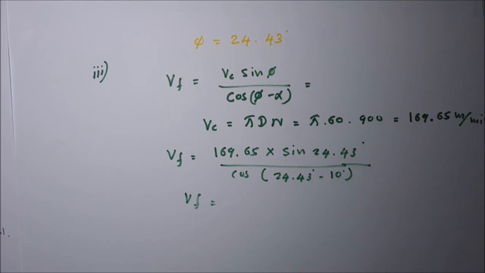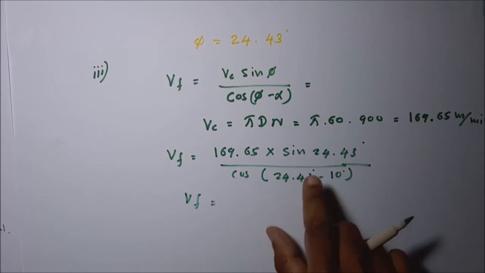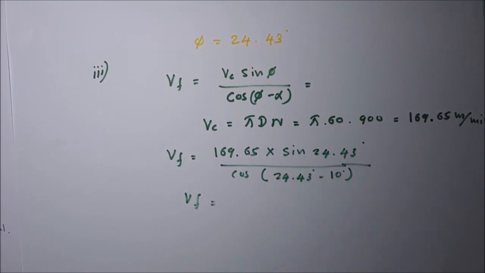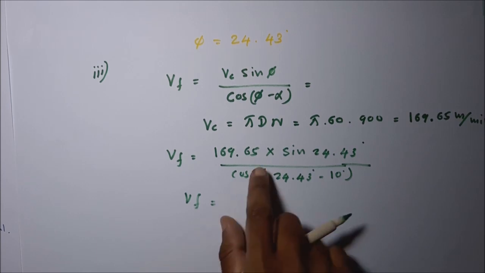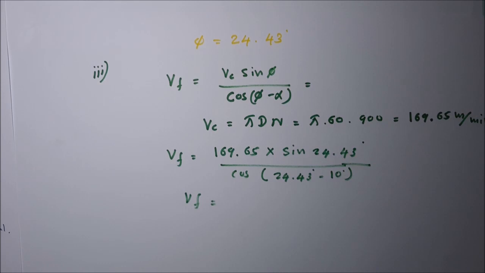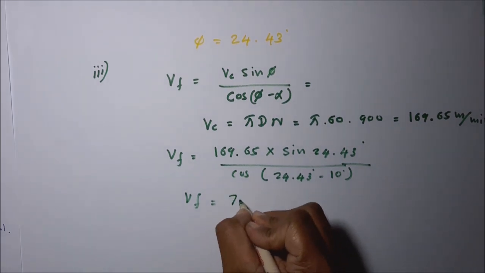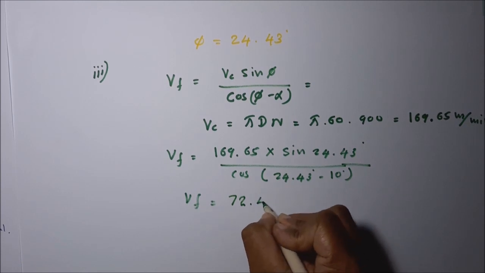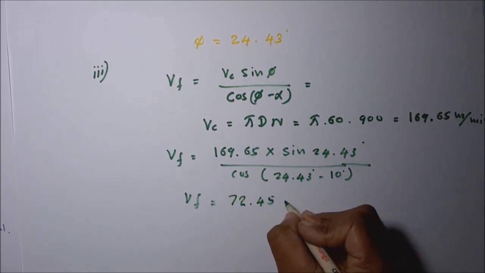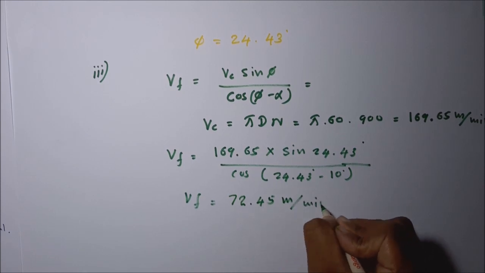Okay, so let me find the VF. 169.65 into sine 23 divided by 72.45 meters per minute.